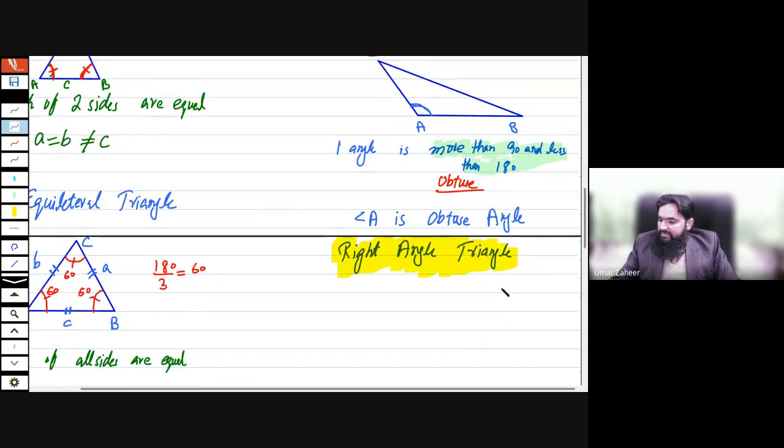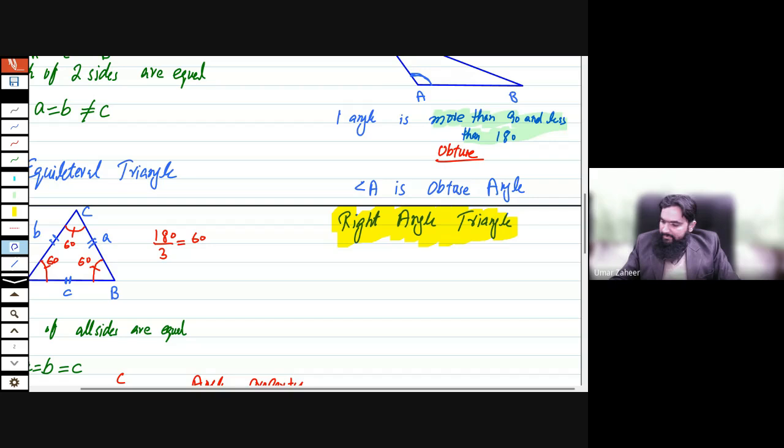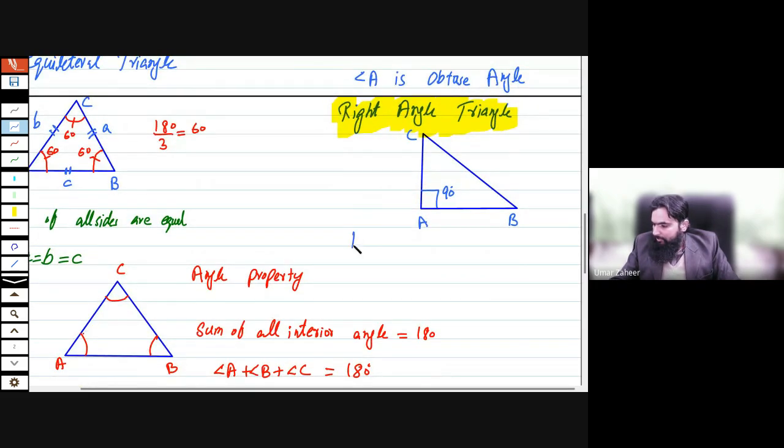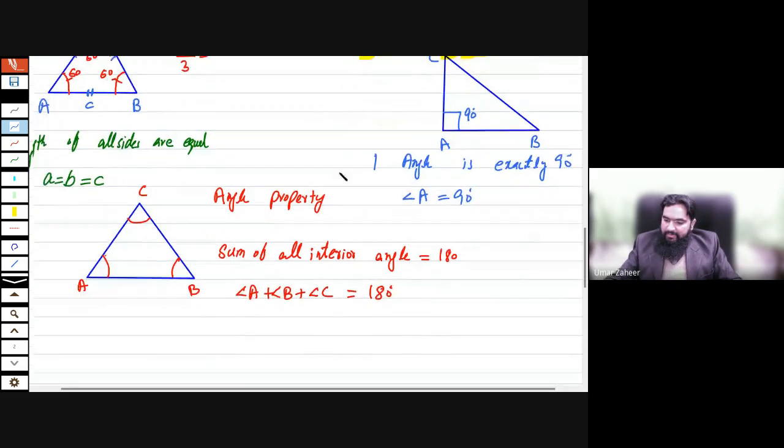So a right angle triangle is a triangle in which one angle is exactly equal to 90 degrees. So here we are going to take an angle A that will be equal to 90 degrees.